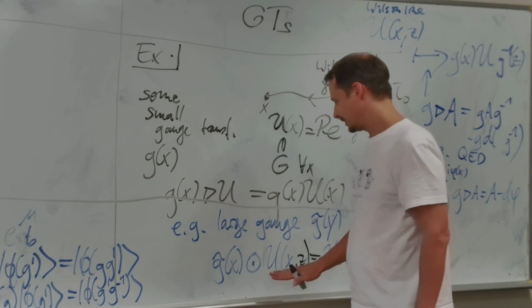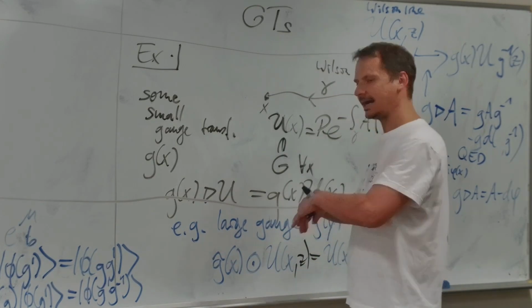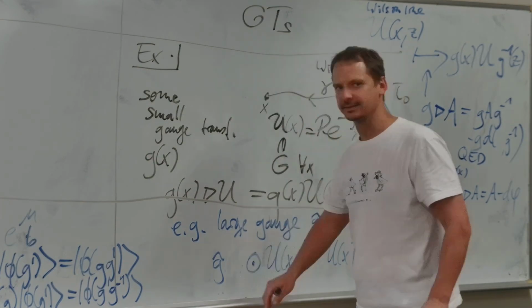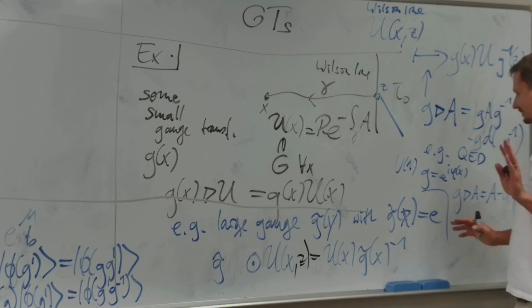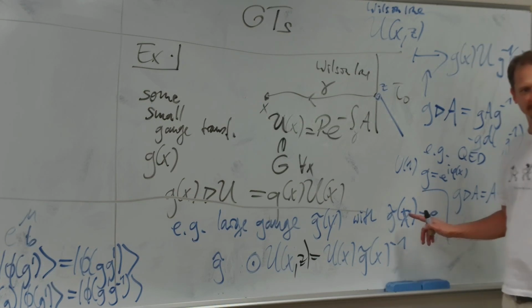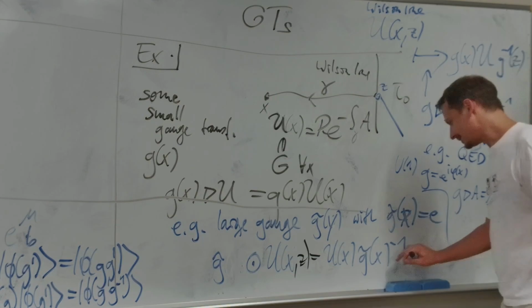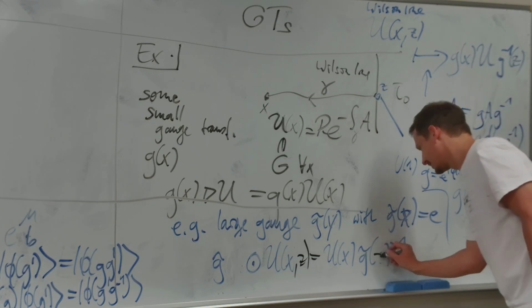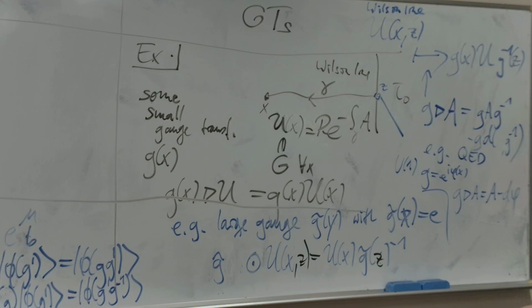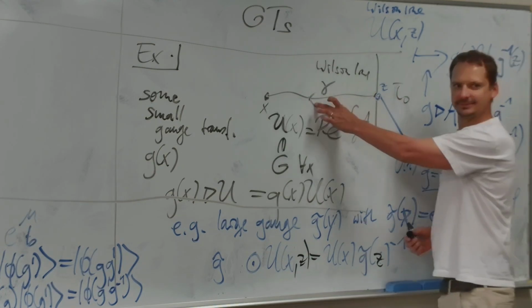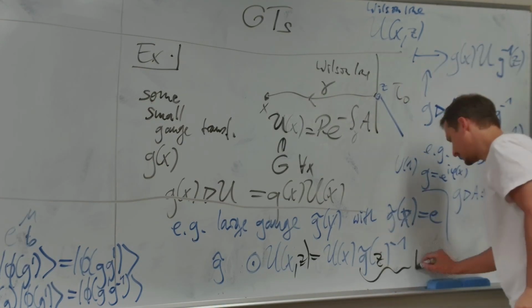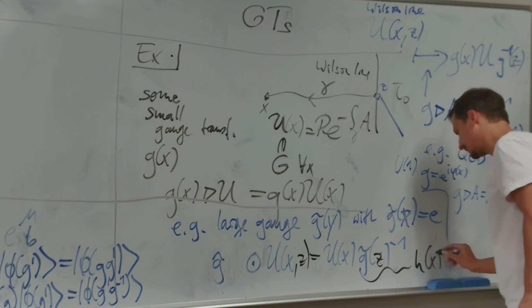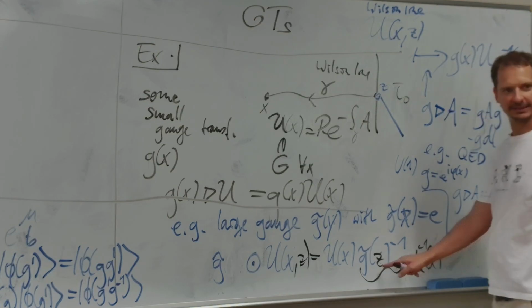I mean, because it acts on a field, right? So I would maybe just write it like this. Then, sorry, now I'm really being a little bit imprecise, because you're of course right that this here would be like this. But the thing is, when I have a fixed Wilson line, then I can't just associate this. Then you just call this here, let's call this h of x inverse, because there's a z.